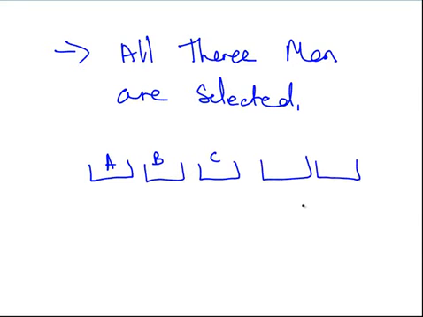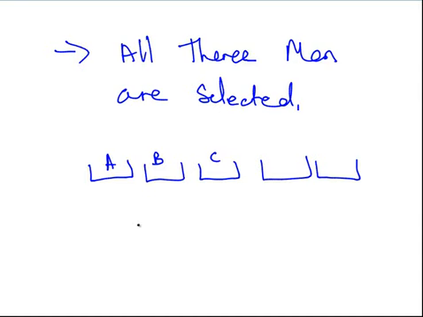So how many ways are there of picking 2 women from the remaining 7? How do we do that? How many ways are there if all 3 men are selected?